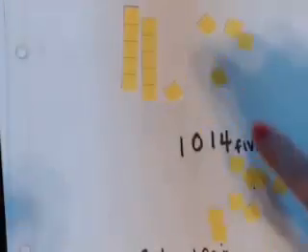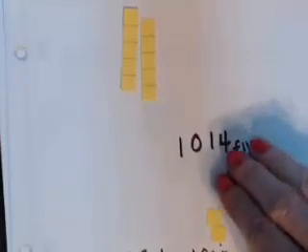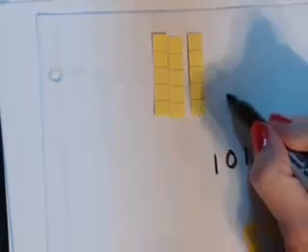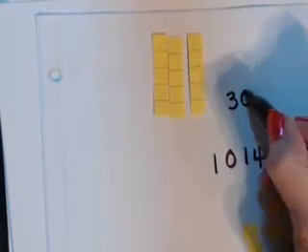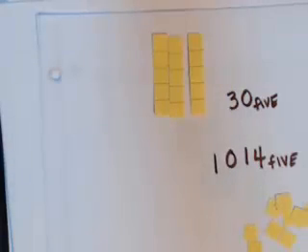And another group of 5, 1, 2, 3, 4, 5, and that is a long. So when I go to represent this number, I have 3 longs and no units, and that is 30 base 5.